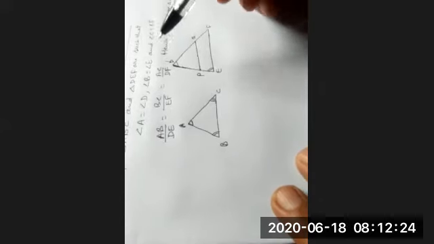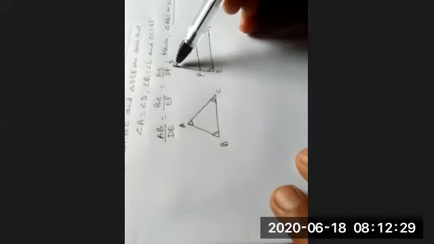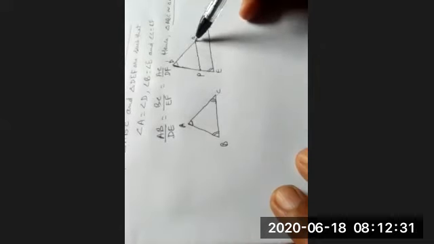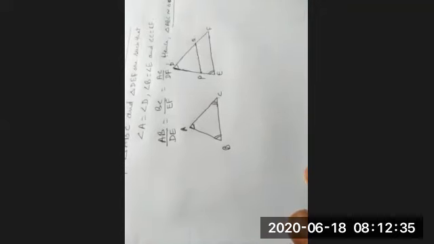So you can now say that angle ABC and angle DPQ are exactly equal. Yes or not?